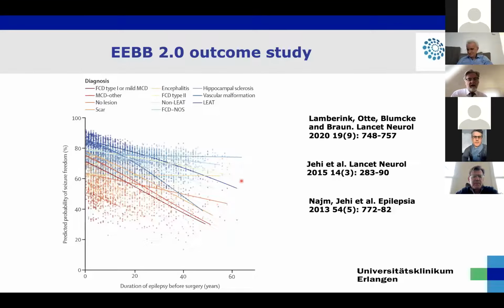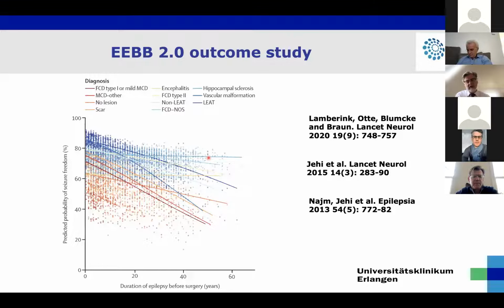And then what about the outcome over time? So the probability to become seizure-free. I mean, this is a big issue, and the Cleveland Clinic has done a lot of work, and the group of Lara Jehi even published a nomogram where you can calculate that upfront.